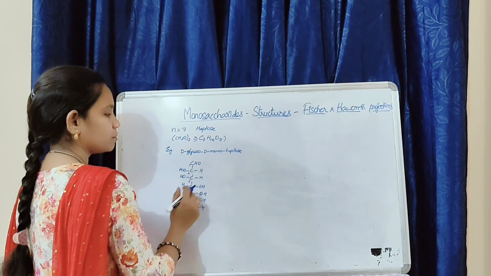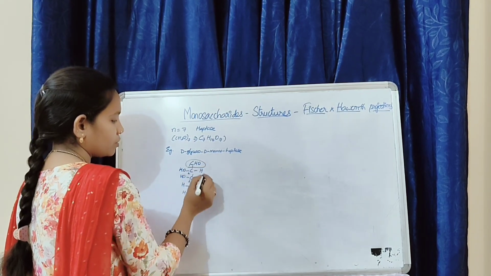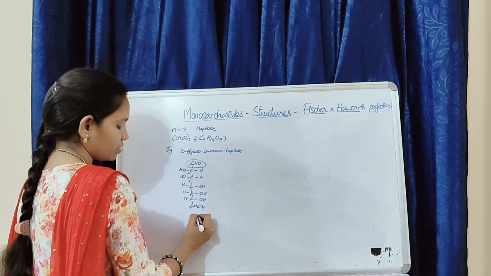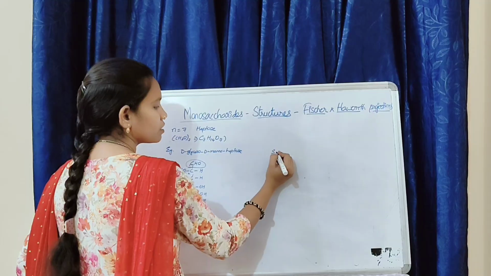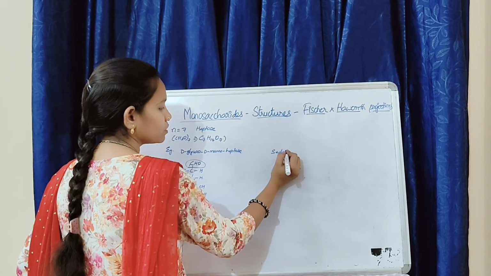7 carbon compound. Again, the carbonyl contains an aldehyde, so it is an example of an aldose. In the same way, let's see for ketose. An example is pseudoheptulose.